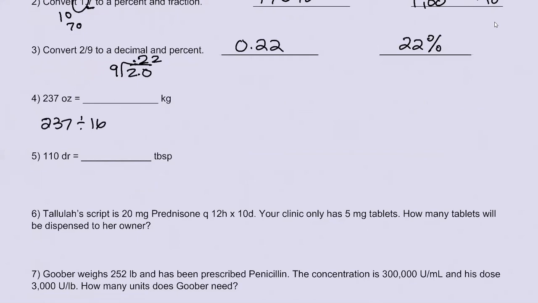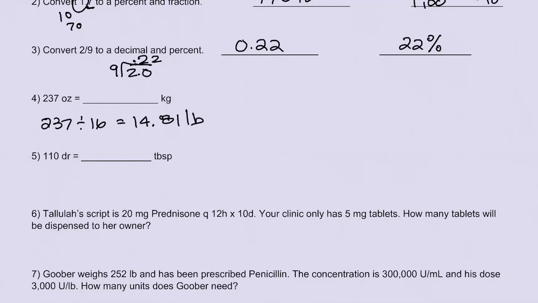And let me grab my calculator here and make sure I'm mathing it. So 237 divided by 16 gives me 14.81 pounds.